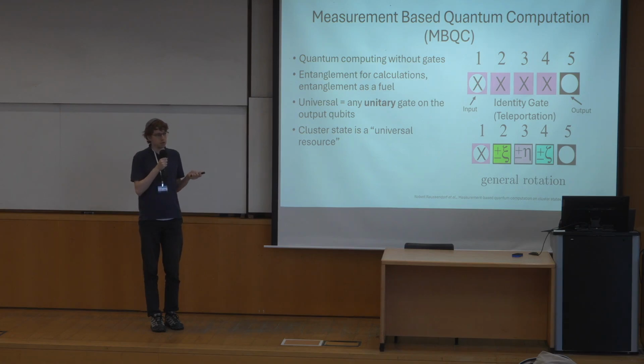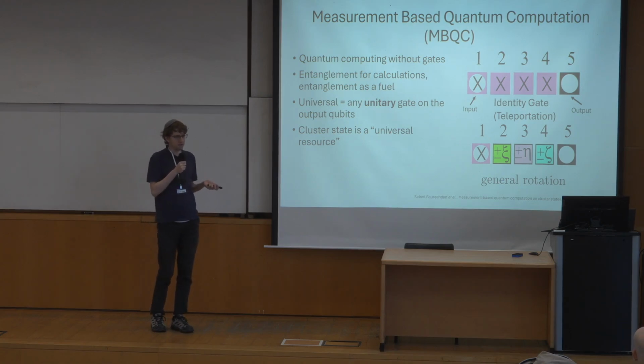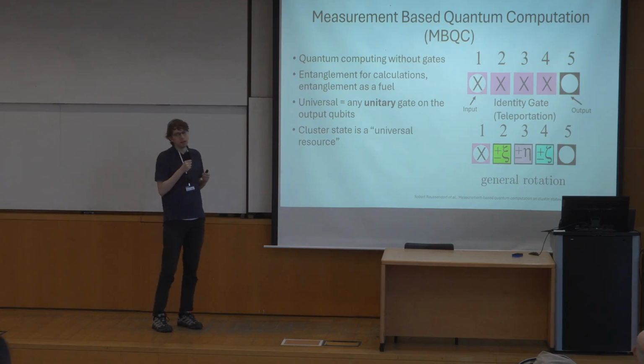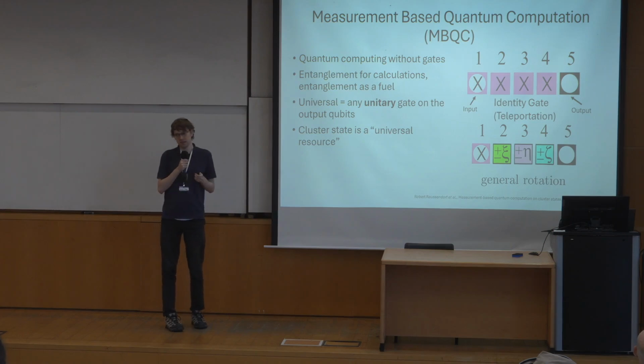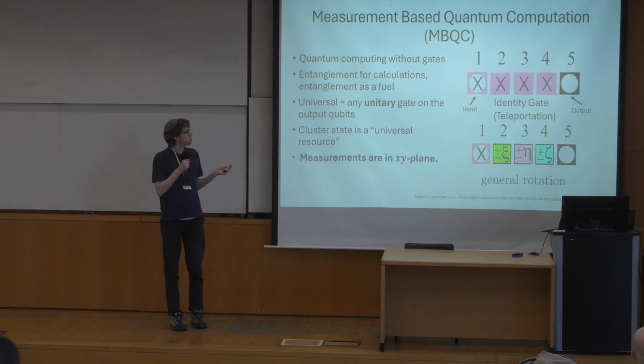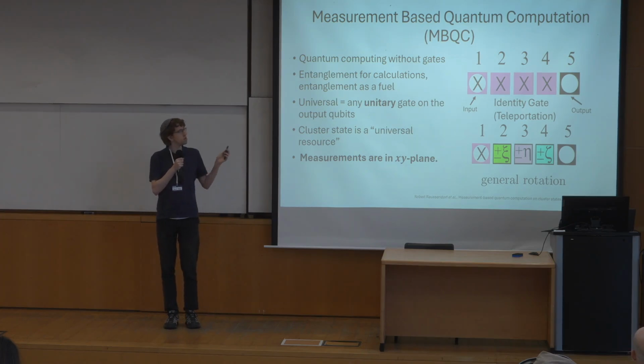If you do simple unitary rotations of the cluster state, then you still can do everything, just measuring some rotated angles and so on. And there are very interesting topological characteristics of these states. Now, this is very important because all the measurements must be in the xy plane, because if you measure in the z basis in this state, it's sort of doing a cut of your input and output.